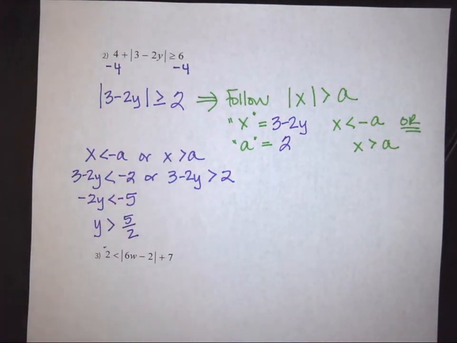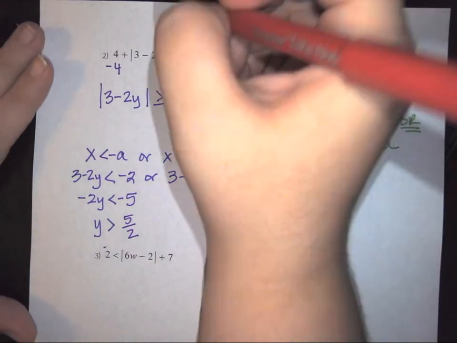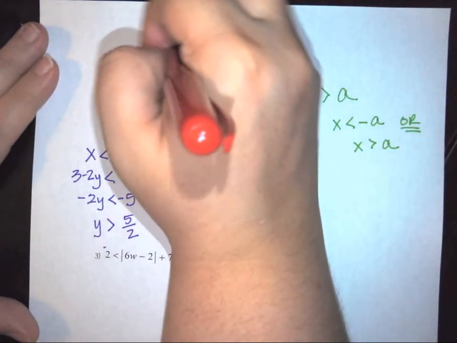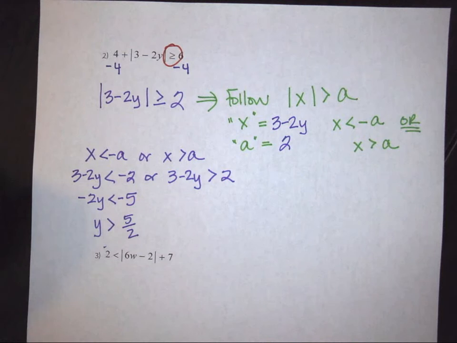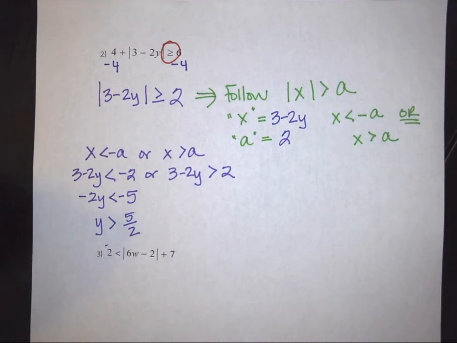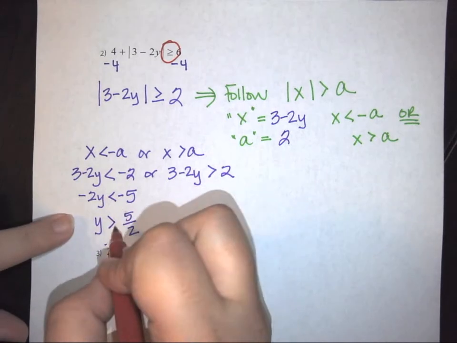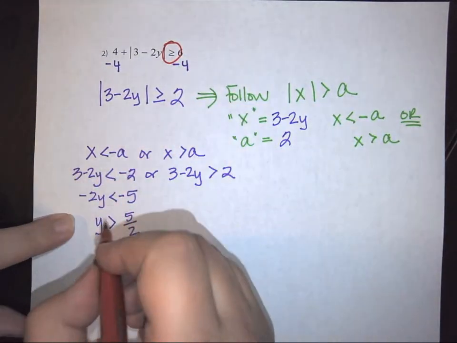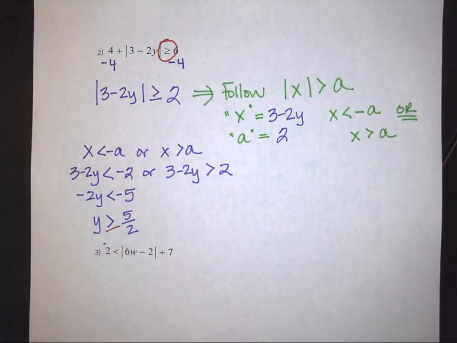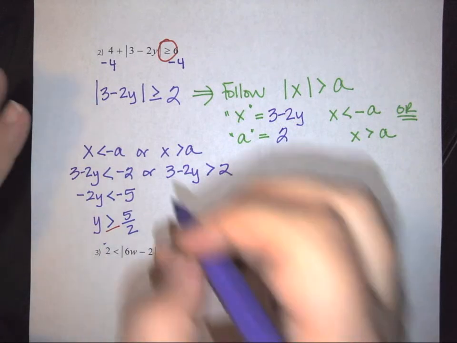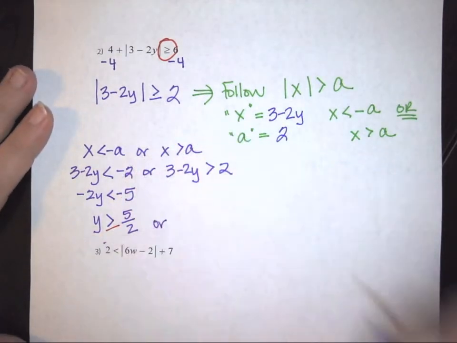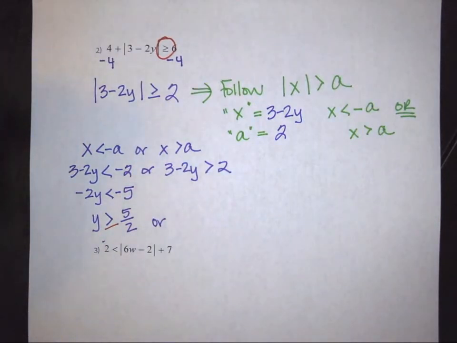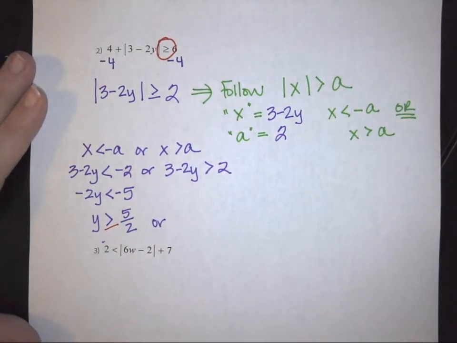Now the very last thing that I need to keep a close eye on is I started this problem where I had greater than or equal to. So at the very end here, I need to remember if I started with a greater than or equal to, I need to finish with greater than or equal to. I'm going to go ahead and input my OR just so that I don't forget it, and I need to solve the other side.